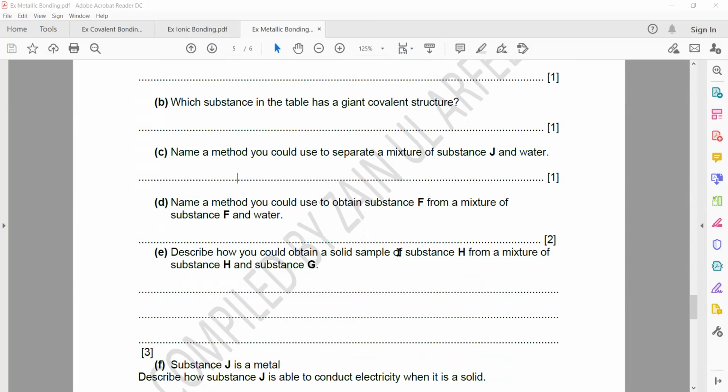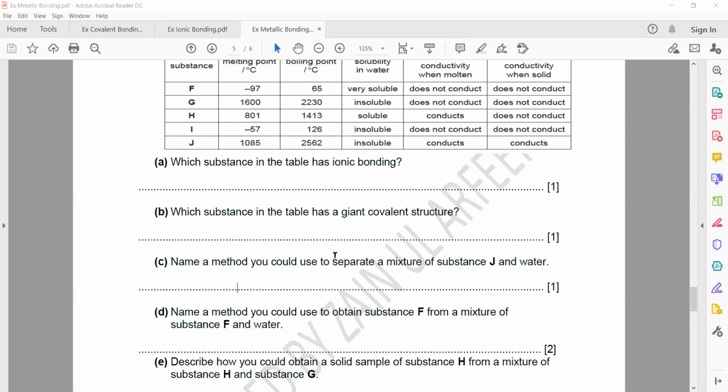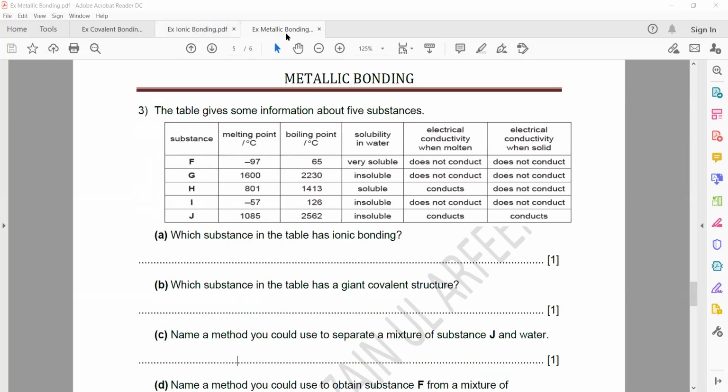Describe how you could obtain a solid sample of H from a mixture of H and G. So you have H and G as a mixture, and you want to obtain H. H is an ionic compound and G is giant covalent.